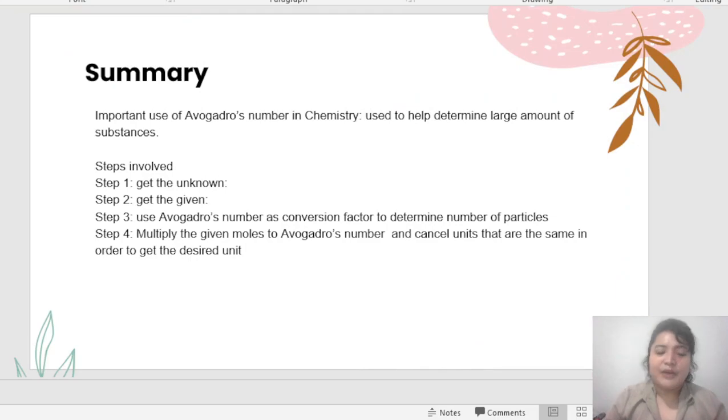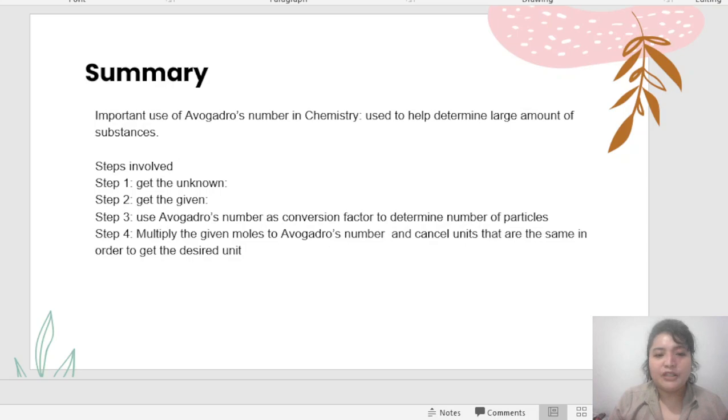In summary, we have the important use of our Avogadro's number, which serves as a bridge in order for us to be able to count the large amount of substances. And the different steps involved here, the one that is very crucial, is for us to be able to know what appropriate conversion factor is needed, because there are different types of objects. We have the ions, the atoms, the molecules, and the formula units.